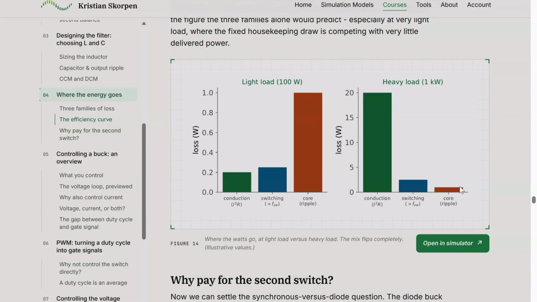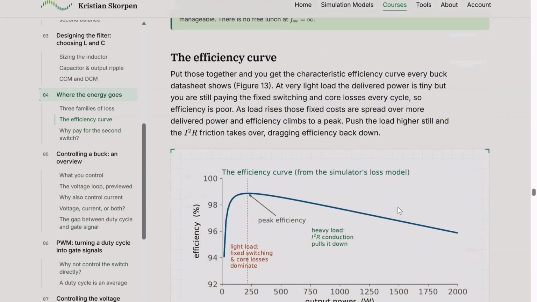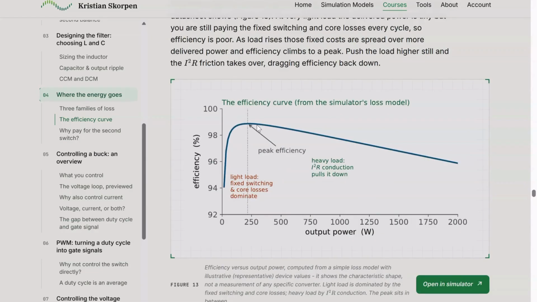And then the core losses just stay the same because they are not dependent on the magnitude of the current. So this is a very ideal numerical example. There are some small things that are not correct here, but in order to cover that, we need to go much more in detail. So that is why we get this type of efficiency curve.